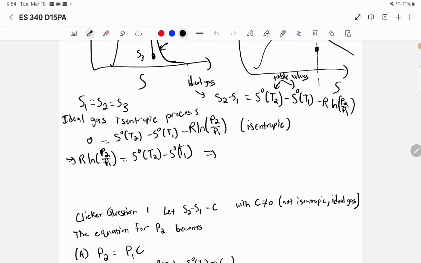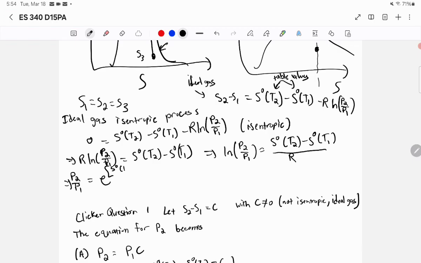That means that the natural log of P2 over P1 is equal to S circle of T2 minus S circle of T1 over R. If I exponentiate, I get P2 over P1 is equal to e taken to the power of S circle of T2 minus S circle of T1 over R.